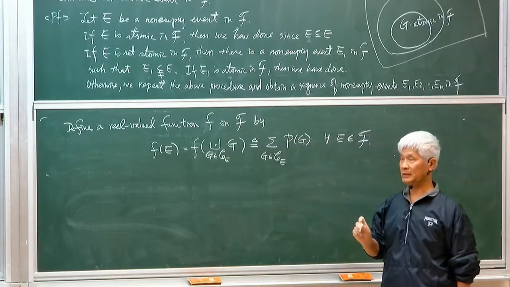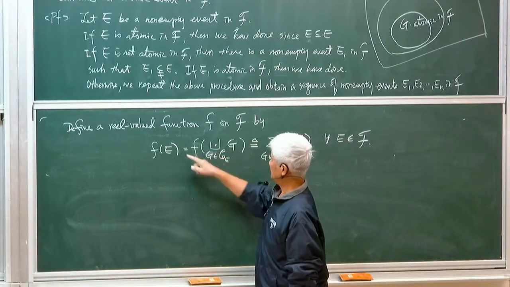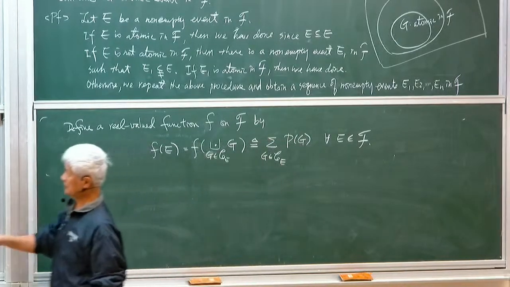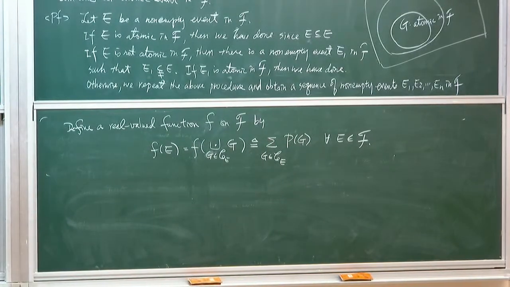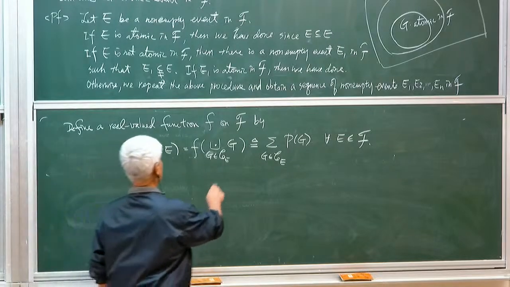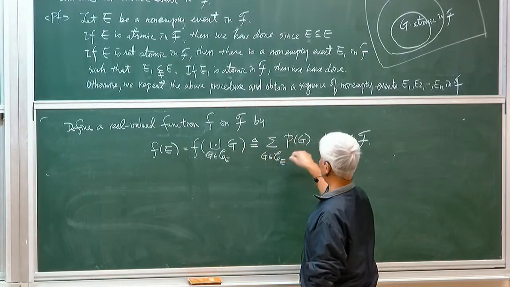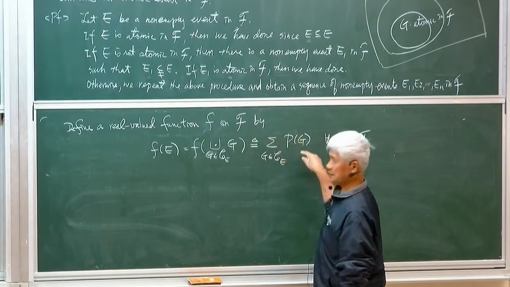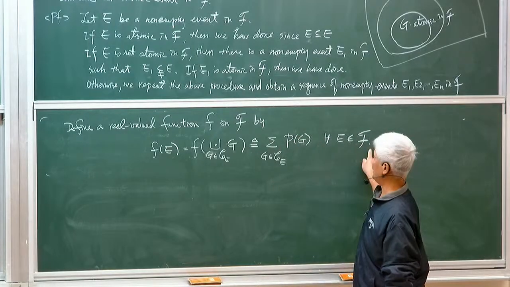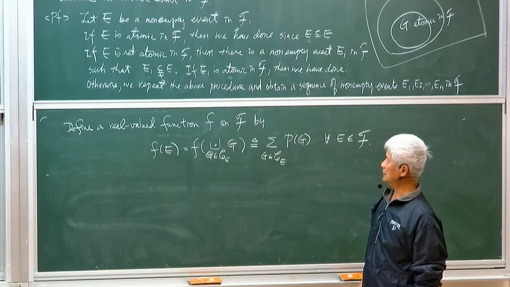This is well defined because from each event E we have the collection containing all the atomic events inside the event E, so that we know E actually is equal to this disjoint union. And we use those atomic events inside E to give a summation here. So this is the probability function.